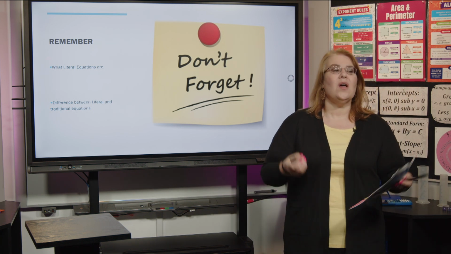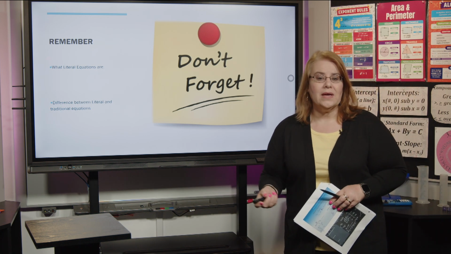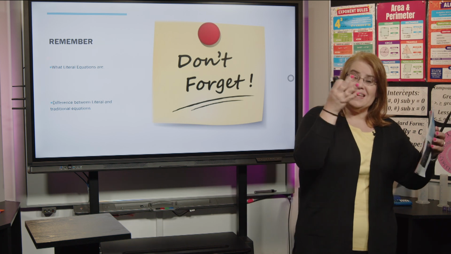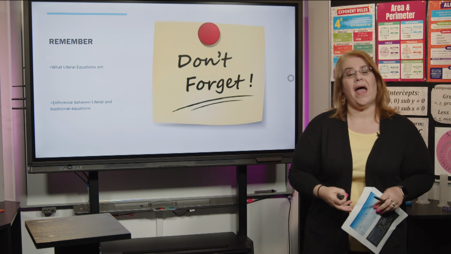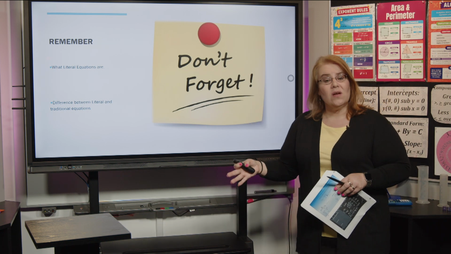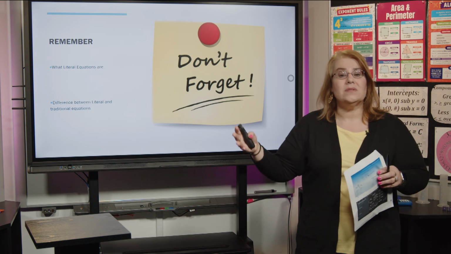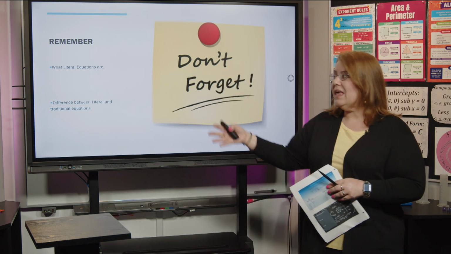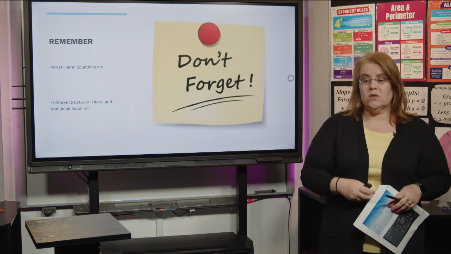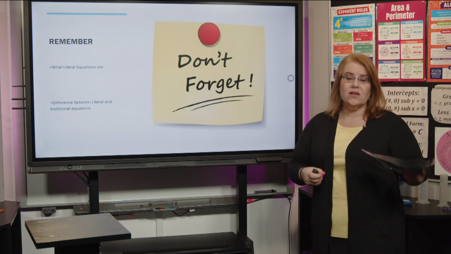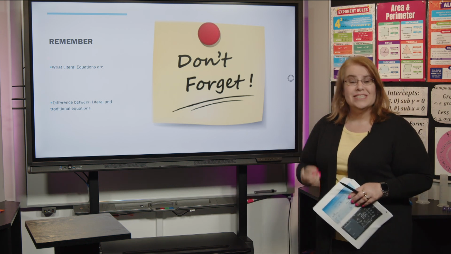Traditional equations, y plus 2 equals 3. Okay? So I know I'm getting an exact number for that y. When I'm looking at those literal equations, I may have unknowns and multiple unknowns in what my variable equals. So we need to make sure that we're understanding what the literal and the traditional one is.